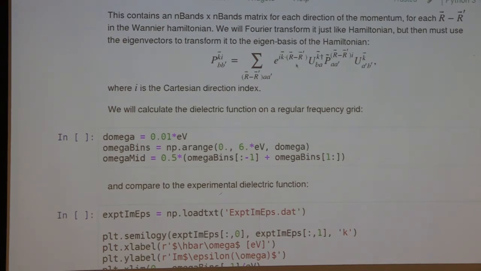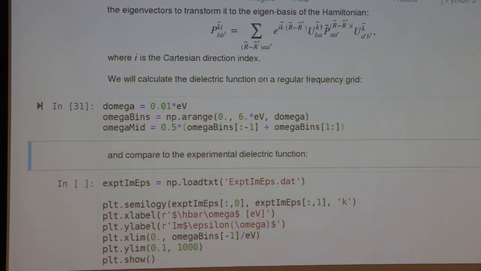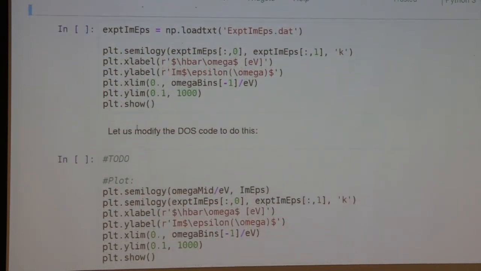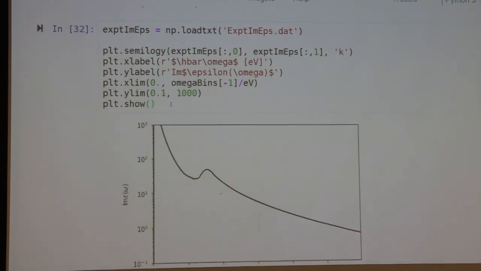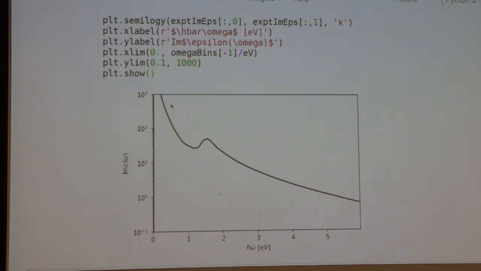Right? And we are going to calculate our dielectric function on a regular frequency grid. So let me just initialize this. Like we had an energy grid, we are going to use a histogram on this. So this just sets up a frequency grid with a resolution of 0.01 eV. And these are the edges of the bins and the midpoints. And what we are going to calculate should compare to this. This is the experimental dielectric function of aluminum as a function of frequency, or photon energy.